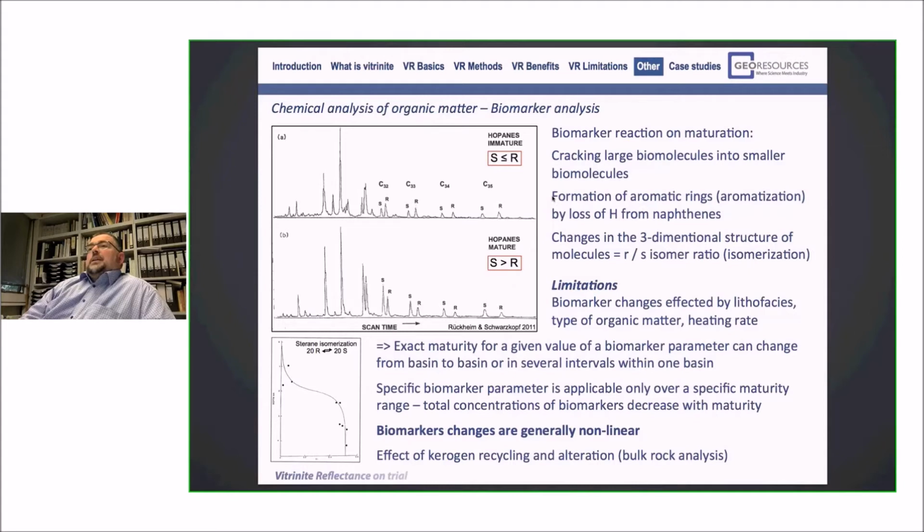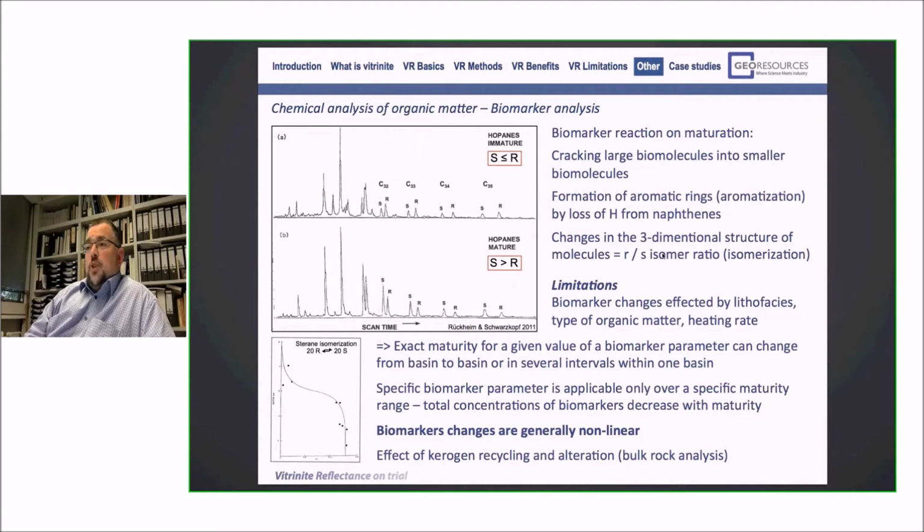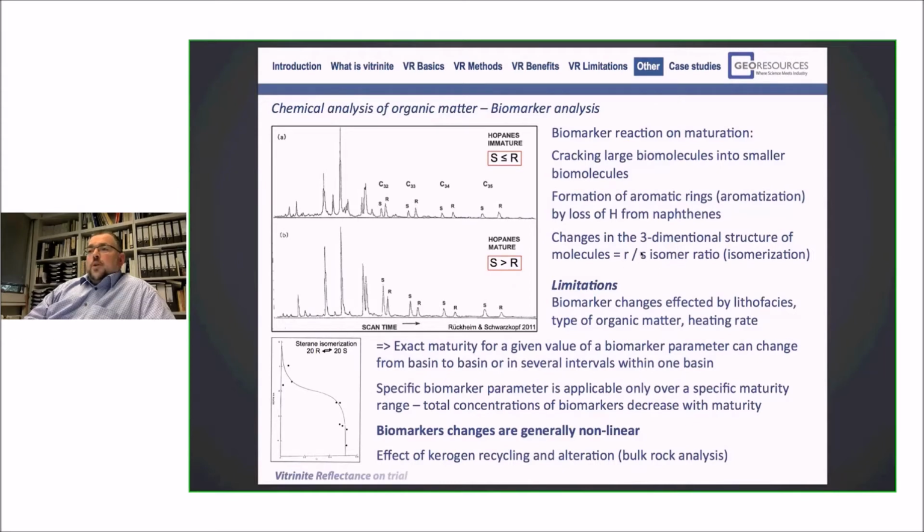The formation of aromatic rings is increased by the loss of hydrogen from the naphthalene, and we change the three-dimensional structure of the molecules. It means the R/S isomer ratio, the clockwise and anti-clockwise construction between the different isomers of the molecules. And that's what we see here.